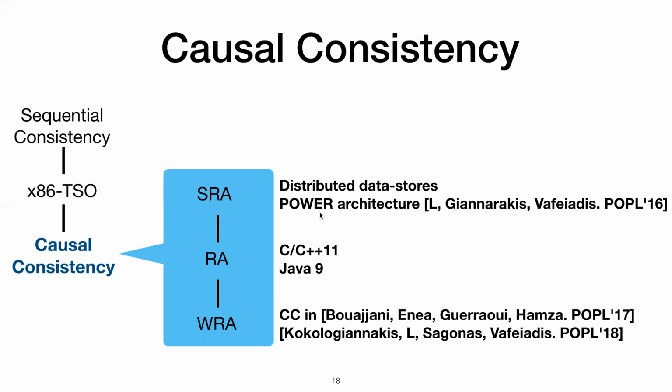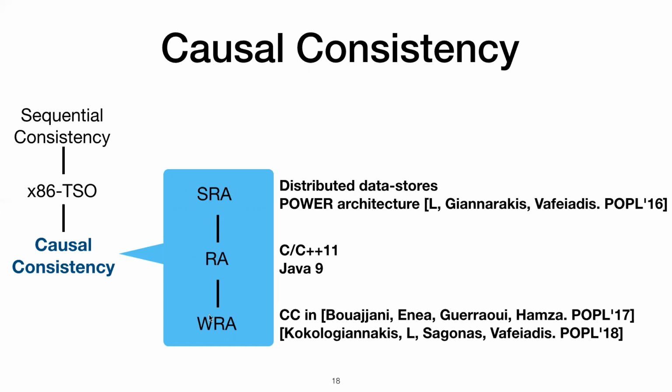One other thing that we showed in this paper from POPL 16 is that SRA completely captures causal consistency in the Power architecture. So IBM's architecture doesn't give you causal consistency, but if you use certain barriers, you will get causal consistency. And the kind of causal consistency you will get is exactly SRA, not RA.